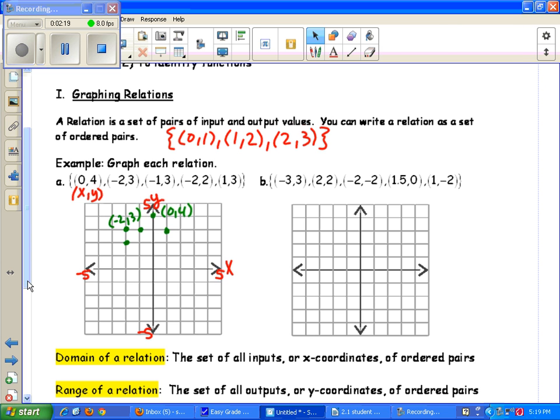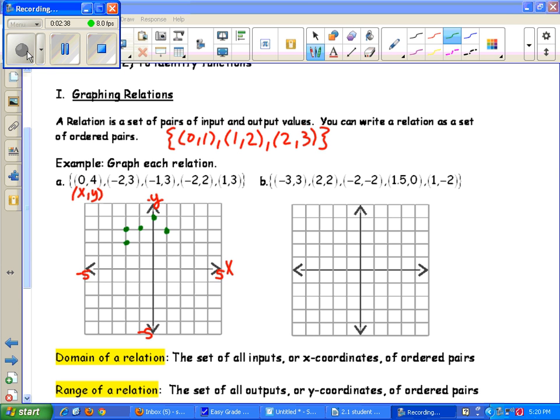So those are all the ordered pair values that we have. Why don't you guys, while I'm graphing this, graph it on your paper, and then you can check your answers when you are finished.